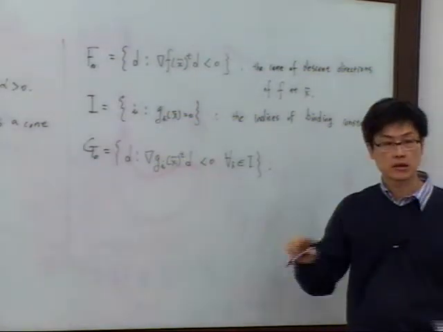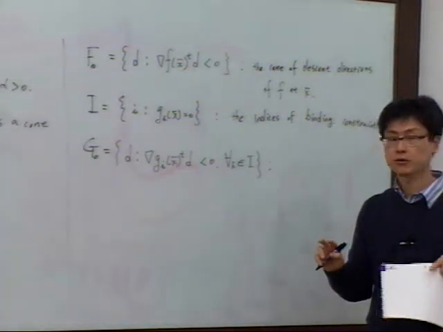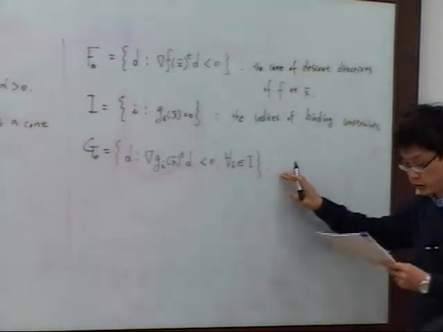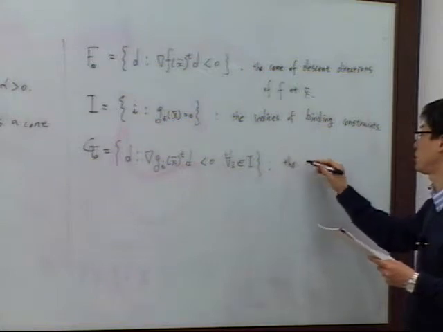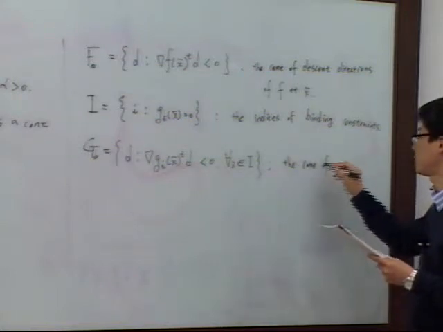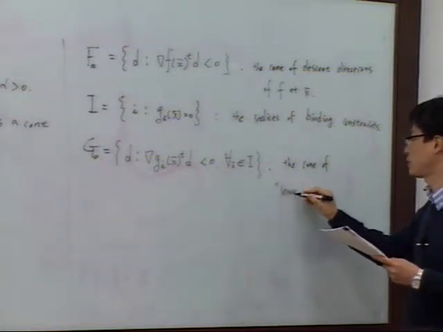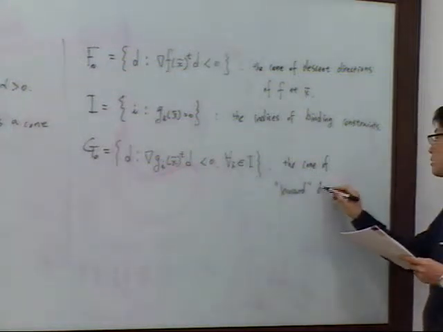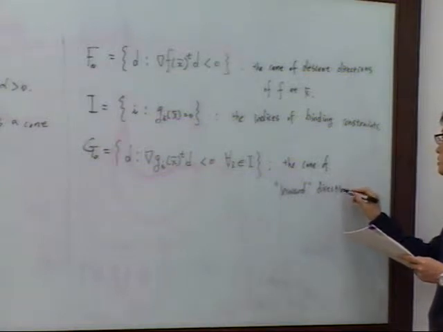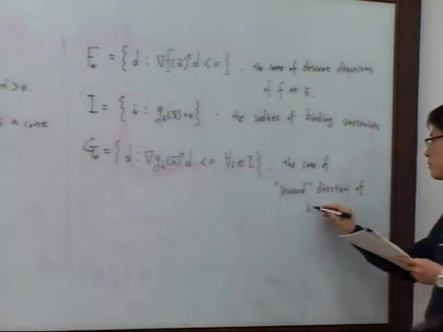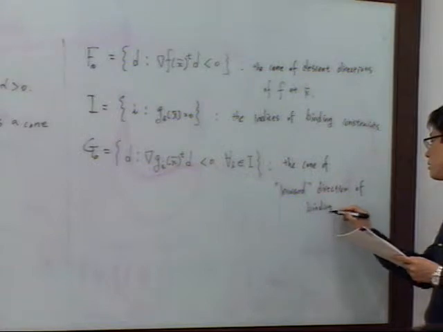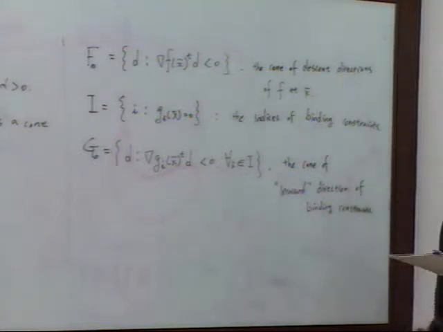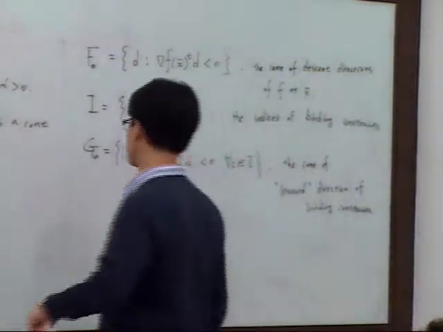But it is not mathematically true to call this a descent direction, so now we call this the cone of inward direction of binding constraints.